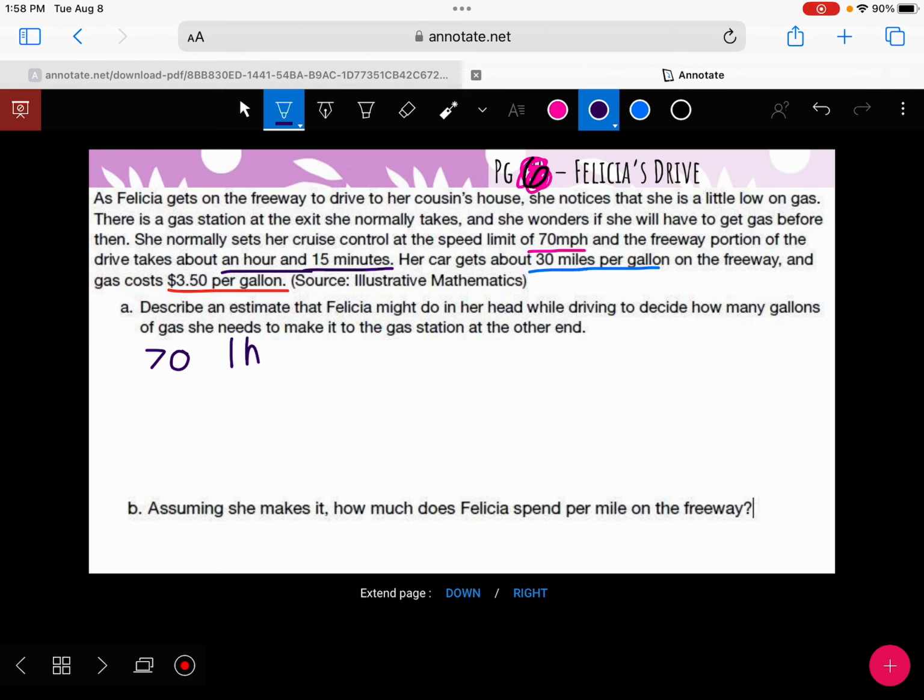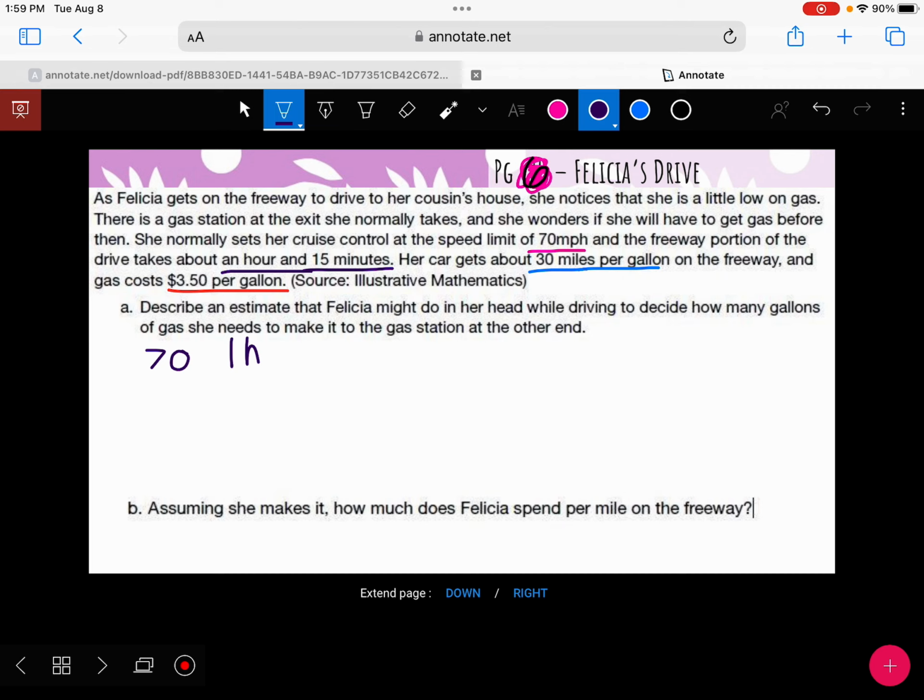So 15 minutes is how much of an hour? A quarter of an hour. Is 70 easy to quarter in our head? No. Is there a number kind of nearby 70 that is easy to quarter? Y'all gotta be a little louder. I'm old.